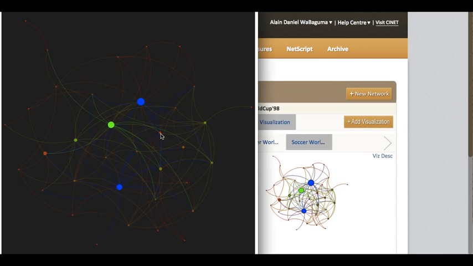Otherwise, node 17 has the largest value, 19, for the average neighbor node degree of any node in the network.